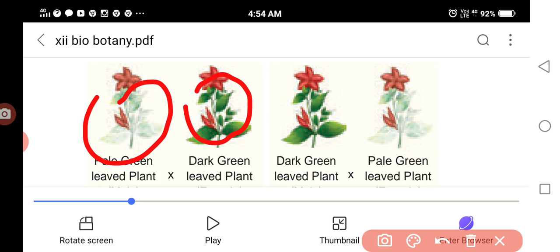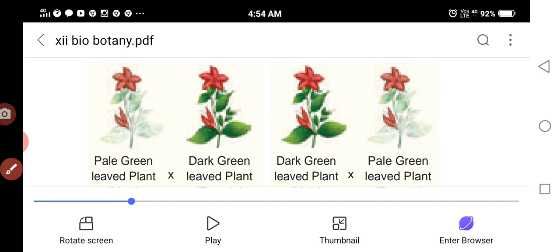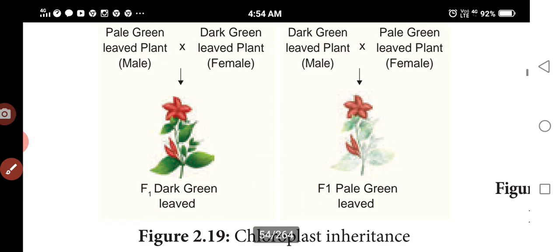When pollen from the dark green leaved plant is transferred to the stigma of the pale green plant, in the F1 generation, both processes would be identical under Mendelian inheritance. But what will happen in the F1 generation? Dark green leaf plants will be produced.